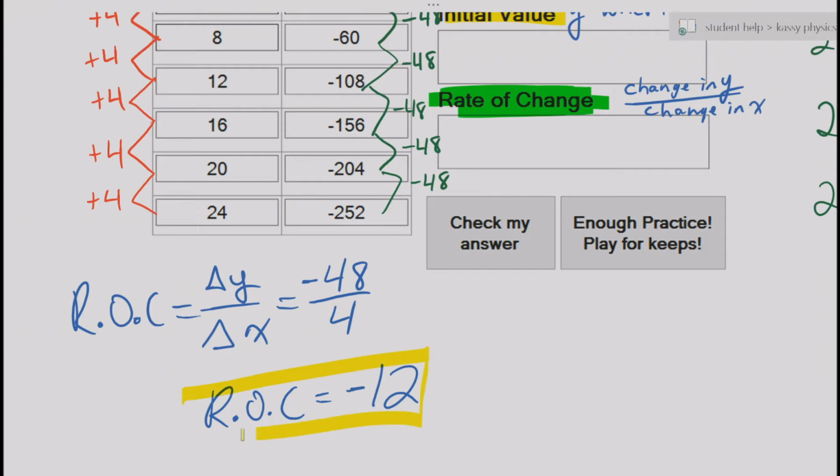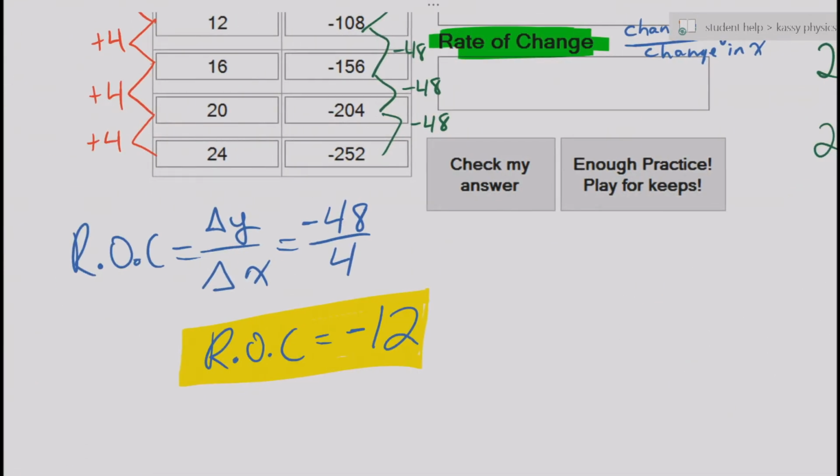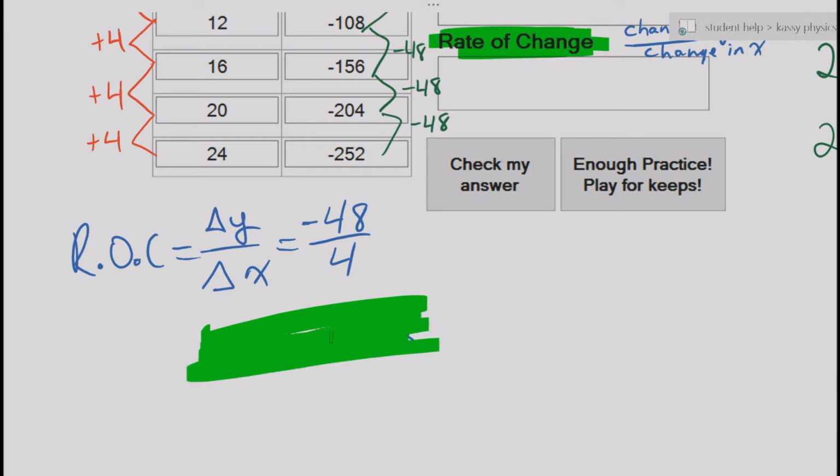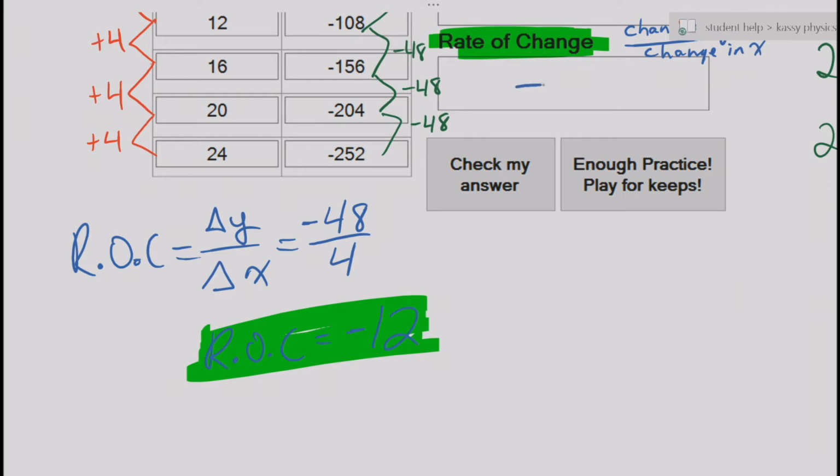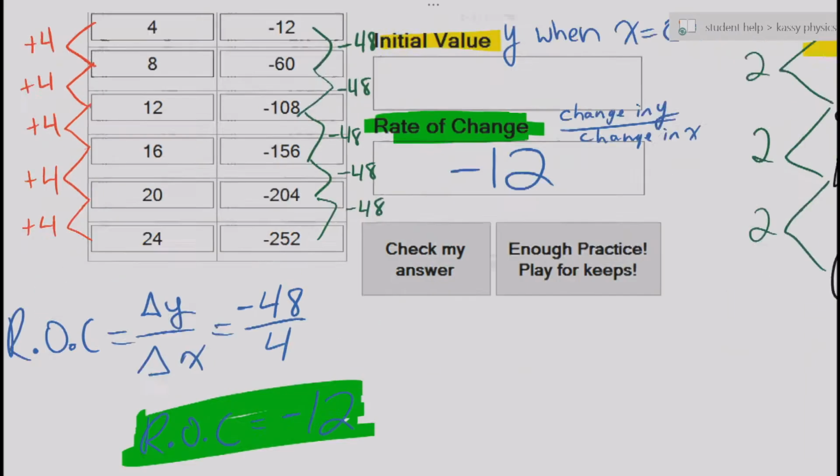So the answer here is that the rate of change is just equal to negative 12. Oh, I was supposed to use a green highlighter for that, in the interest of being consistent. So the rate of change is going down by 12.